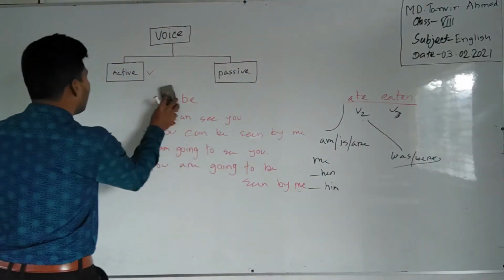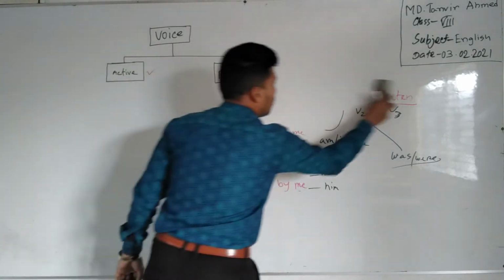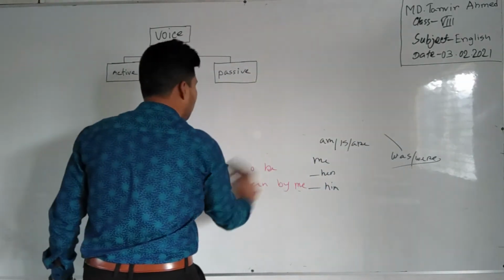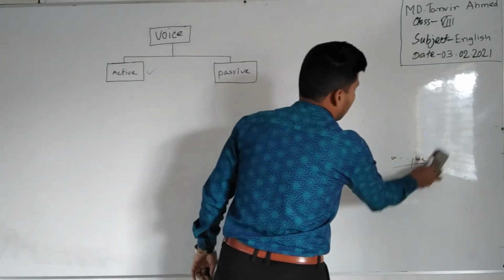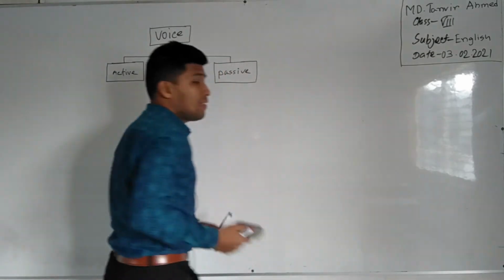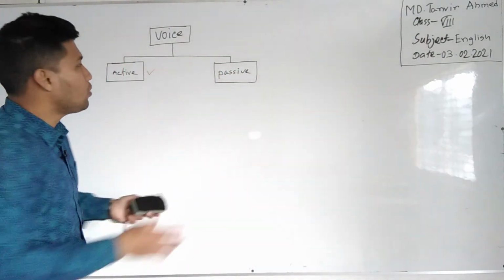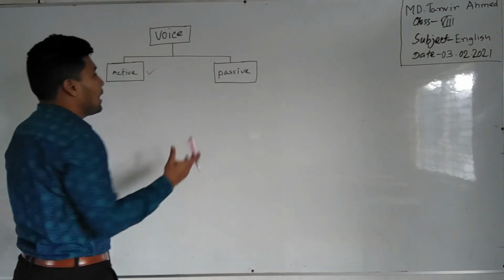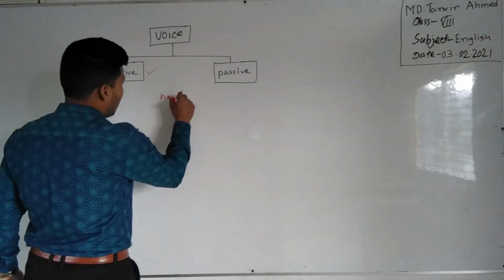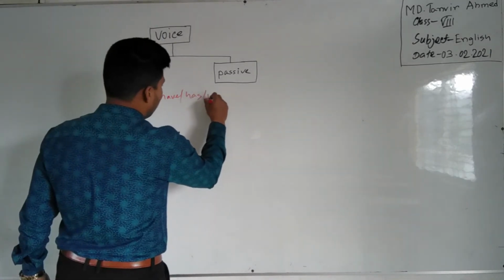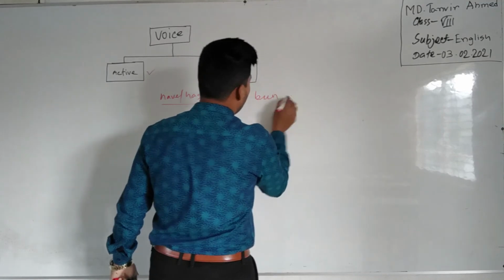Okay, so let's go to the last rules of assertive sentences. You know, there are three types of sentences in our grammatical rules: imperative sentences, interrogative sentences, and assertive sentences. So today we are explaining assertive sentences. The another rule is, if there is have, has, or had, I have to write down "been."